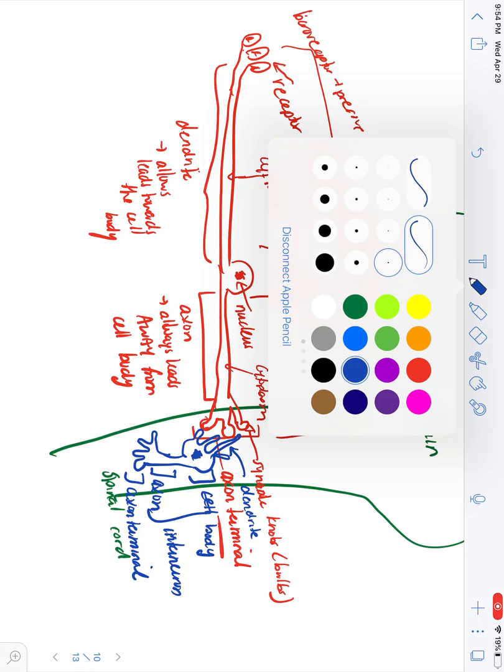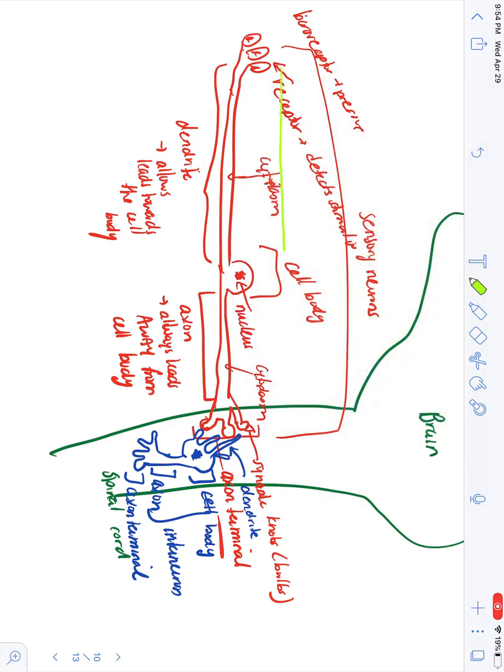Remember, when we're dealing with a nerve impulse, the impulse is traveling in one direction. The impulse travels here, and then it travels here. When the impulse is traveling, it's going from the dendrite to the cell body, and from the cell body to the axon terminal.